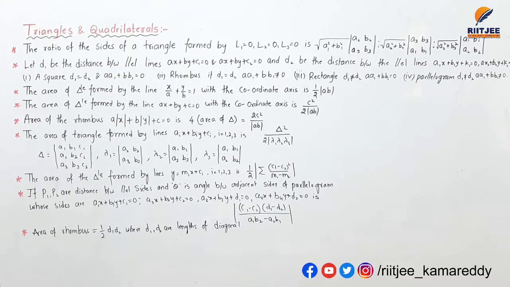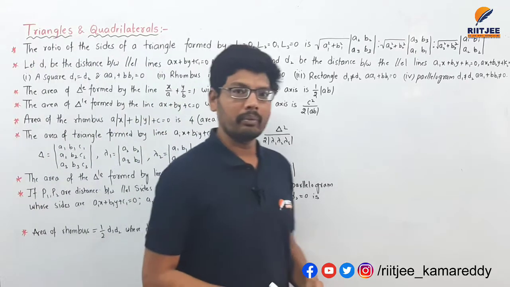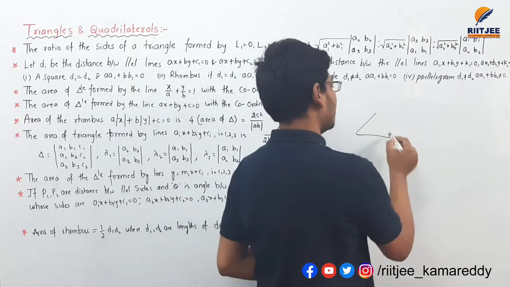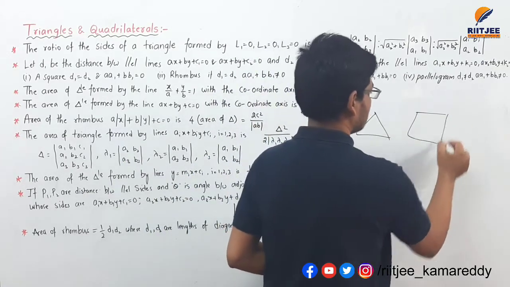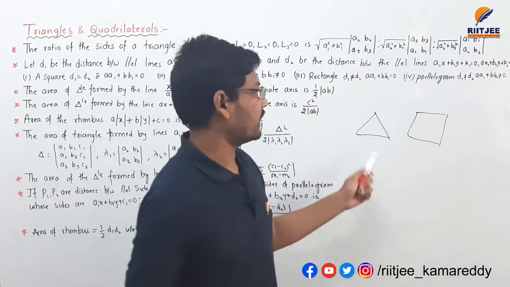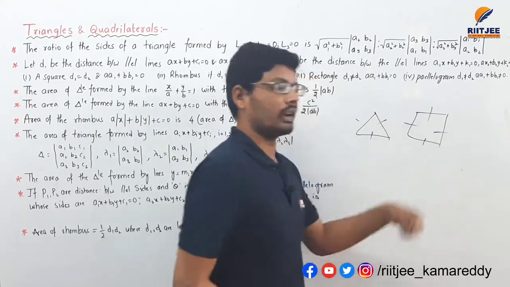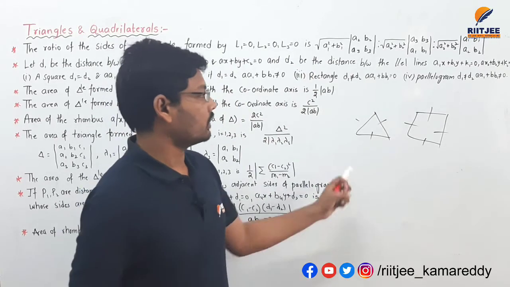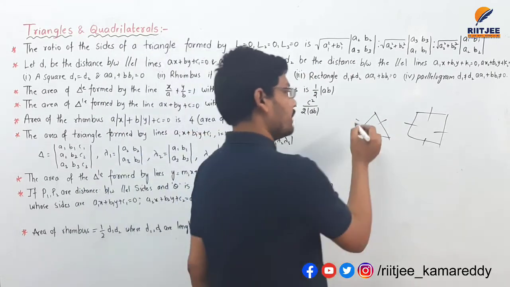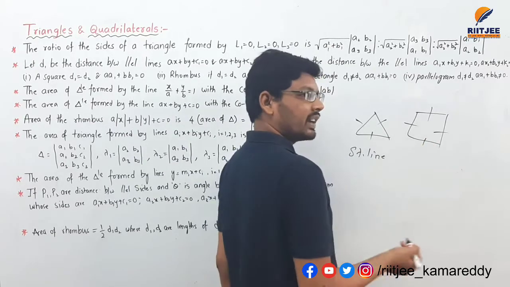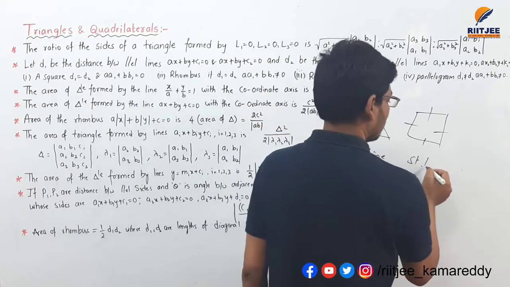Before discussing triangles and quadrilaterals: a triangle is nothing but a figure framed by 3 lines, and a figure framed by 4 lines is a quadrilateral. The triangle is framed by only straight lines, and the quadrilateral also is framed by only straight lines.